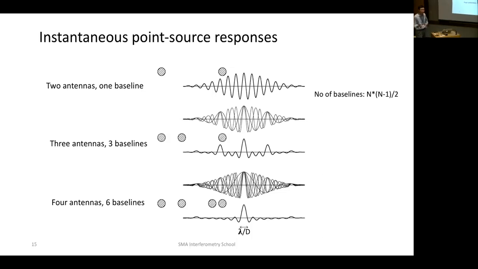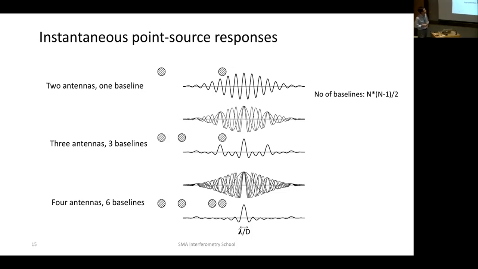Now, if you have three antennas, that gives you three unique baselines. Qizhou mentioned that the frequency of your fringe pattern depends on the separation. For shorter antenna baselines, you have wider fringe patterns.